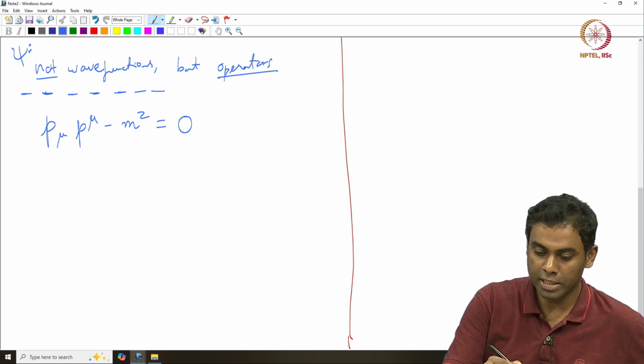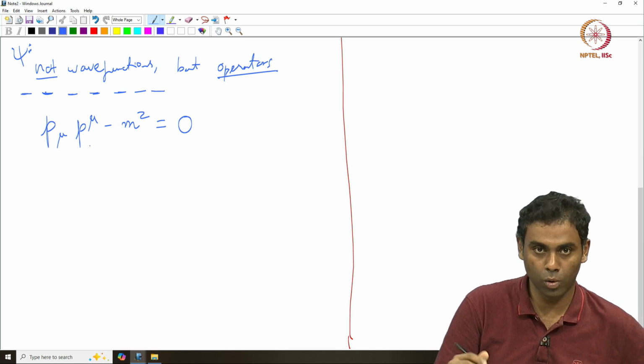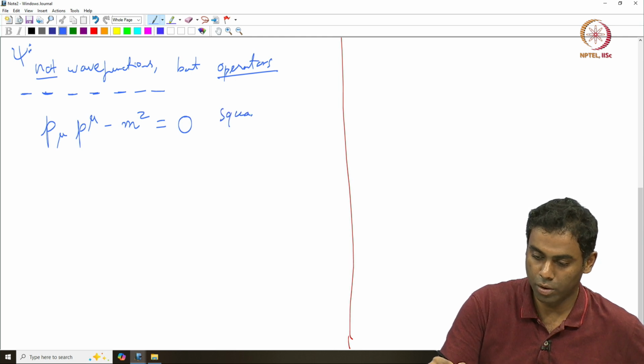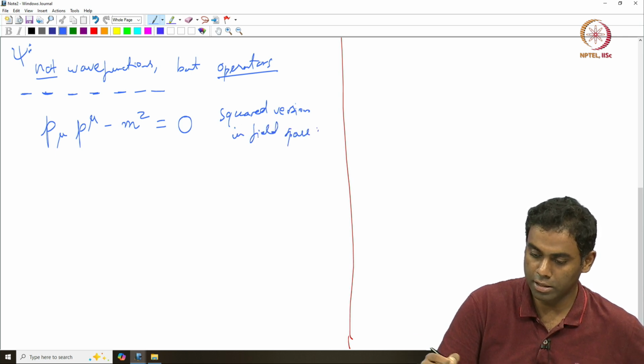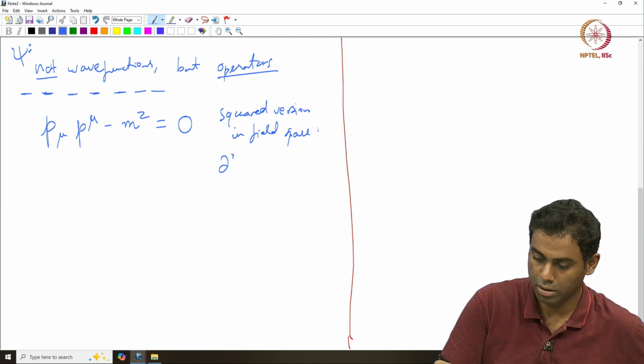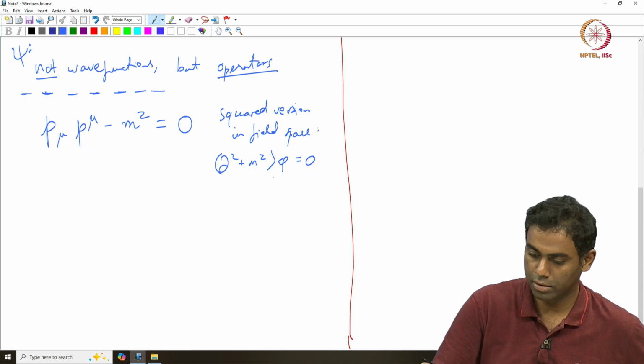So, if you just kept the squared version of this, like this in field space, that is literally the Klein-Gordon equation. That is literally what we have been writing down all this while.